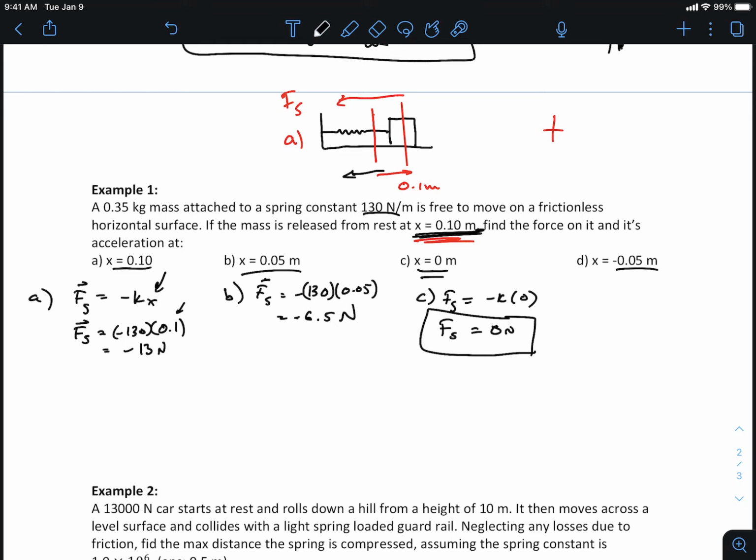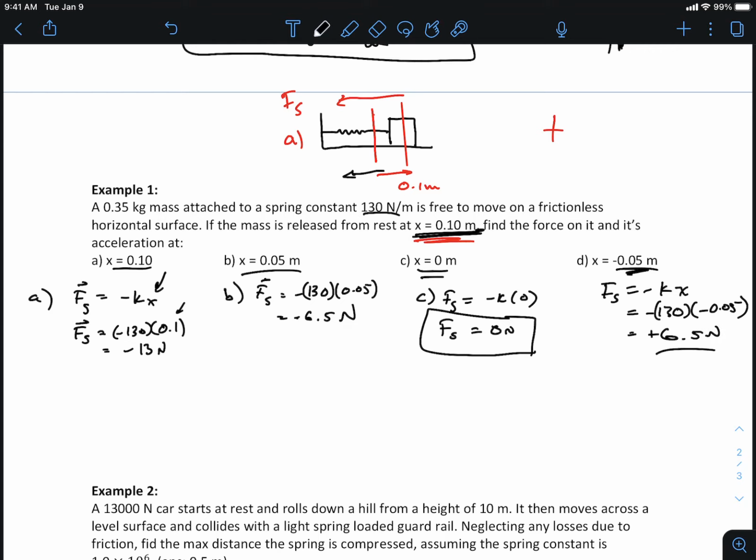We compress the spring instead of stretch it. Right? Well, the spring force is still negative kx, but it's negative 130 multiplied by, this time the displacement's negative. That's why it's a key distinction to say displacement. We're going to see positive 6.5 newtons, right?